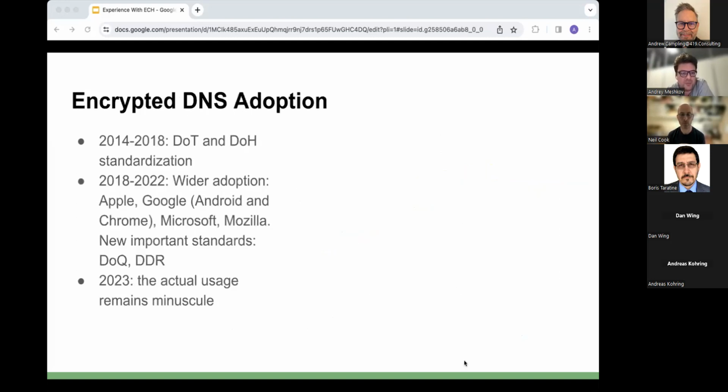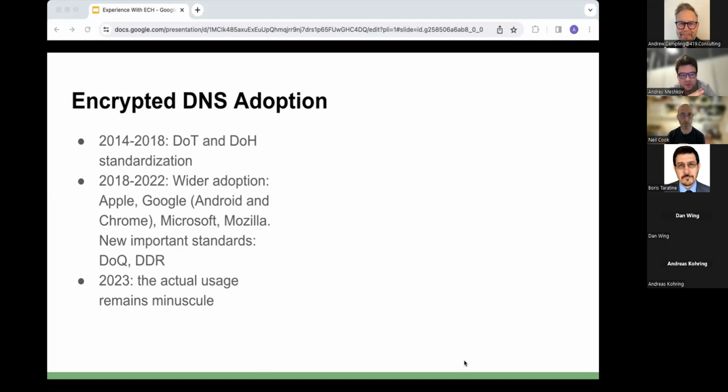The other important bit of metadata that needs to be encrypted is, naturally, DNS traffic. That's why there's a big push to encrypt DNS, and we're all a part of it. I can say that it probably started in about 2014, maybe a little bit earlier, when DNSCrypt was developed.